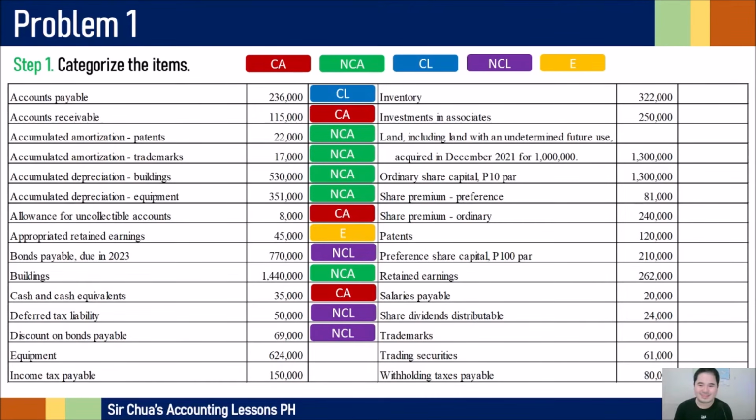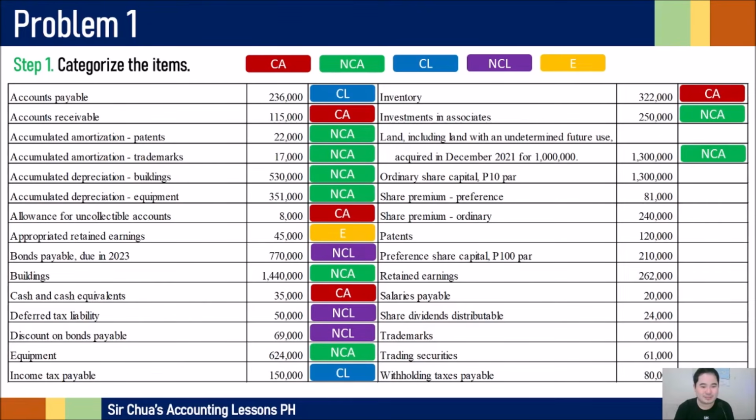Equipment, that is a non-current asset. Income tax payable, so since hindi naman, diretso lang naman sinabi, so current liability po yan. Inventory is current asset. Investment in associate is non-current asset. Okay? And then yung land, that's a PPE, so basically that's non-current asset as well.